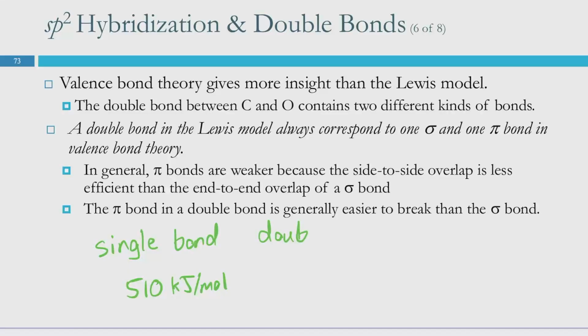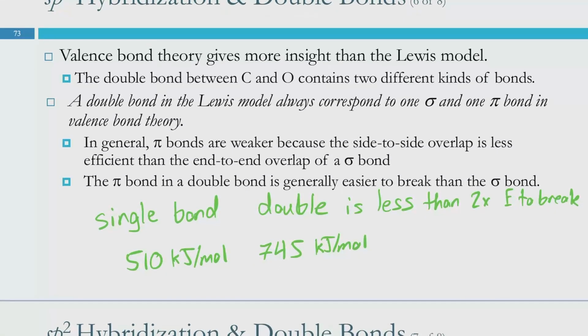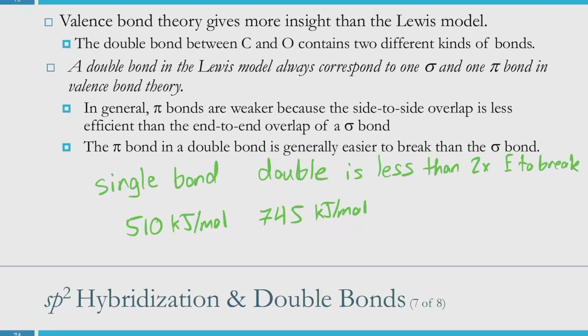The double bond, because it's a sigma plus a pi, is going to be less than double the energy to break. So this is nice because it explains why that is. Let's say that it's 745 kilojoules per mole. These are just made up numbers. So it's definitely increasing from a single bond to a double bond. The bond strength is increasing, but it's not doubled. It's just more because the pi bond isn't as strong as the sigma bond.